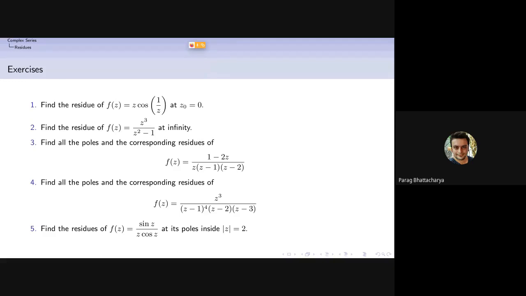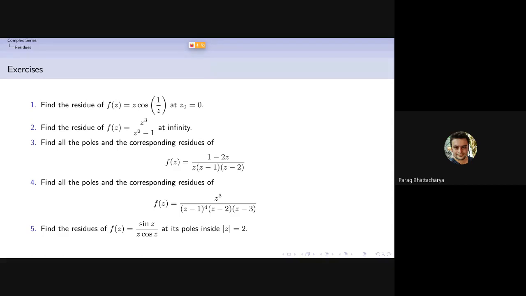You all can also write it down on paper. Question number 3. The function is f of z equals 1 minus twice z divided by z into z minus 1 into z minus 2. So that's the function.